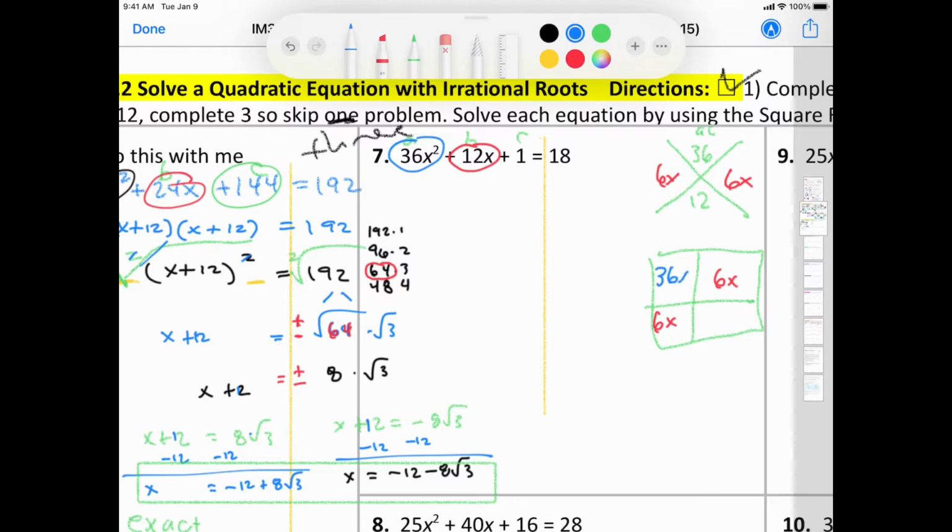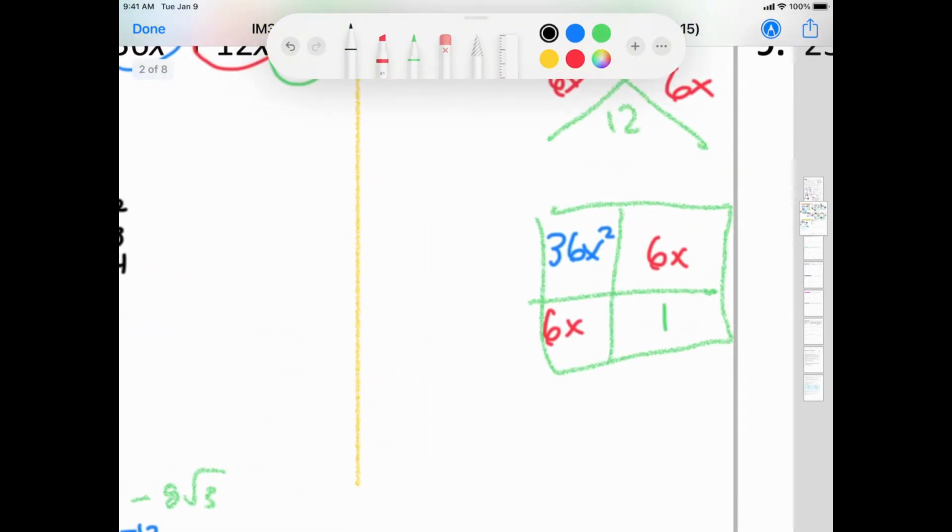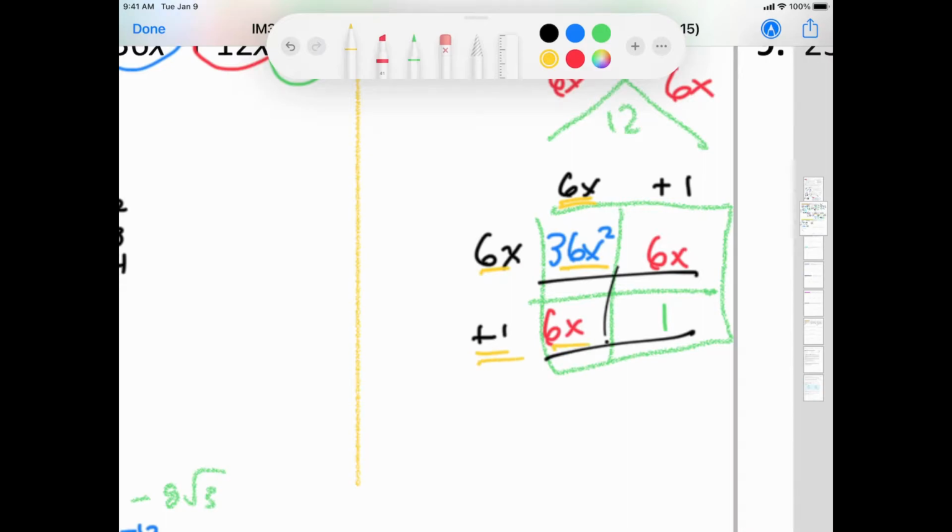36x squared always goes in the top left, bottom right. Let's factor this. Going in this direction, my greatest common factor is 6x. Remember, if you can't figure one out, it's going to be plus 1. 6x plus 1. And you can always multiply to check: 36x squared, 1 times 6x gives you 6x.